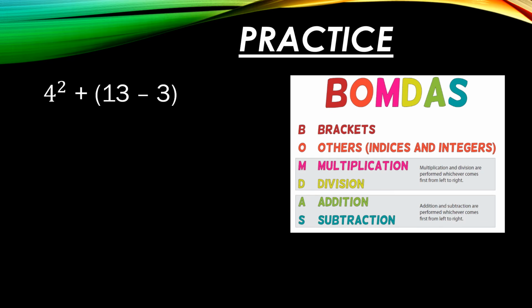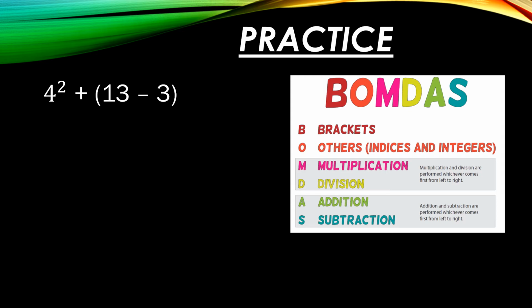So let's do a couple of examples together, leaving the BOMDAS scale on the side so we can see. So to start with, we have 4 to the power of 2 plus 13 minus 3, with the 13 minus 3 in brackets. Now if we look on our BOMDAS scale over here, we have brackets first, other, so powers and indices second, multiplication and division, then we have addition and subtraction last.